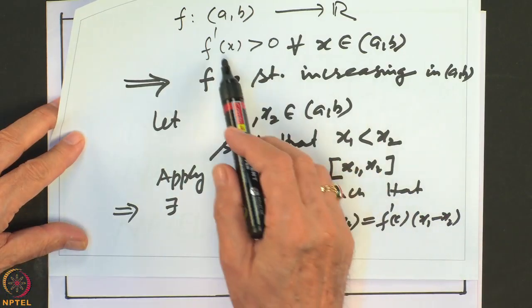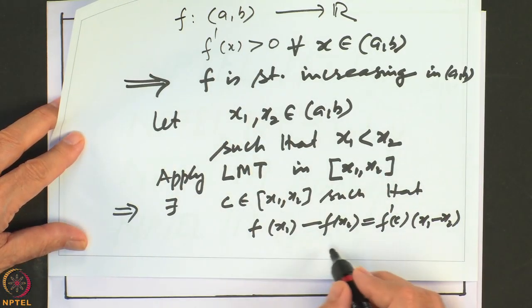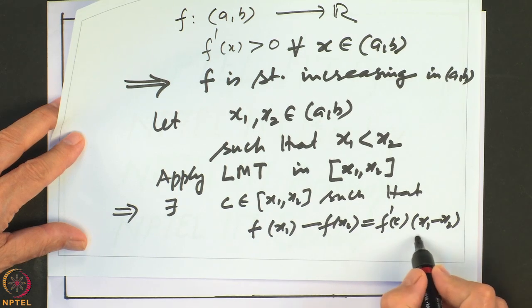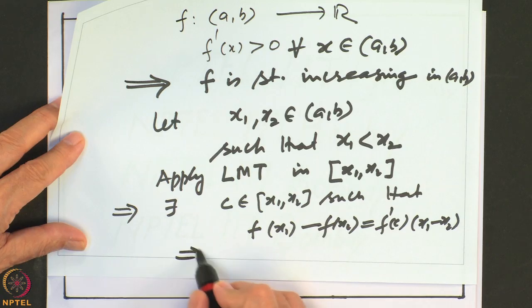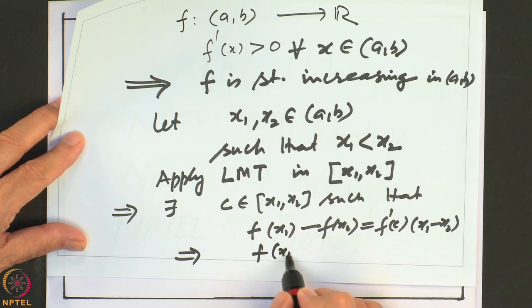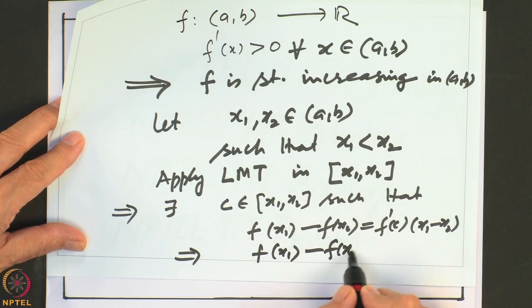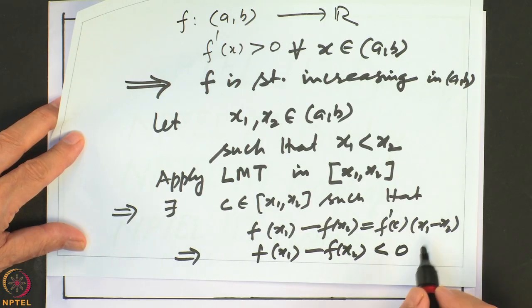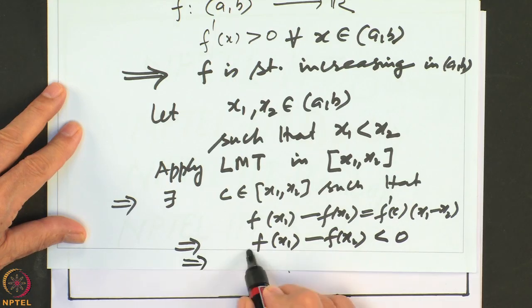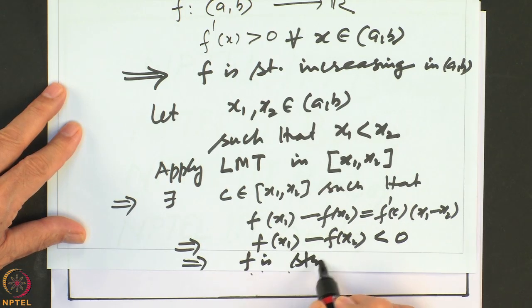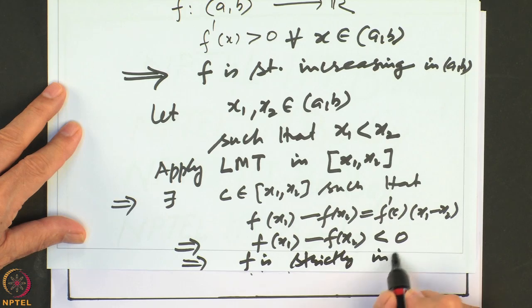Now, because x1 is less than x2 and f'(x) is strictly bigger than 0, f'(c) is bigger than 0, and x1 minus x2 is less than 0, so this product is always less than 0. So, by the given condition f(x1) minus f(x2) is less than 0, which implies that f is strictly increasing.